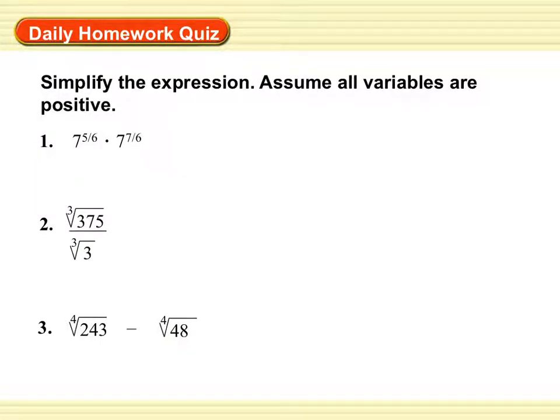Daily homework quiz. These are some extra ones if you'd like to practice. I'm just going to write down the answers. We have here 49. Here we have 5. These are great ones just to practice. 4th root of 3.